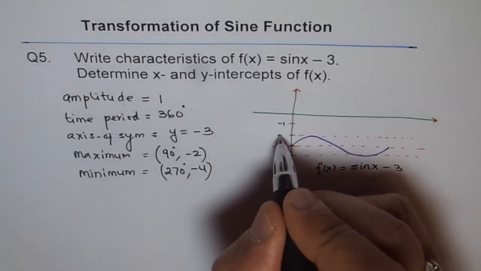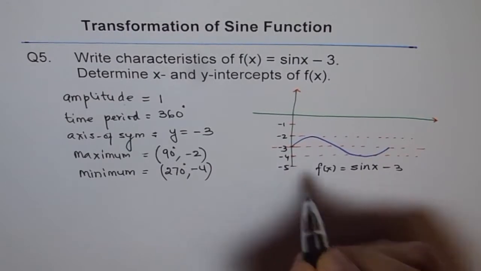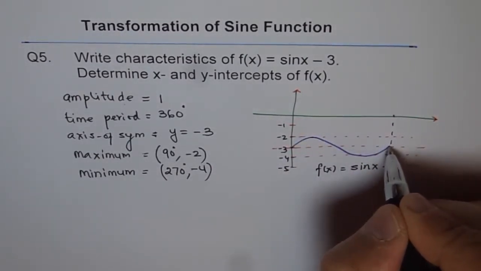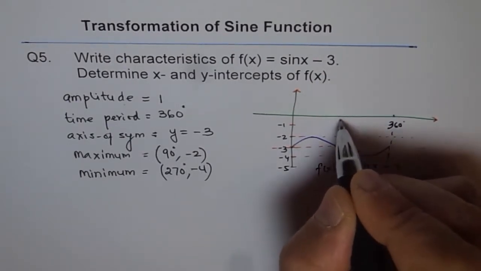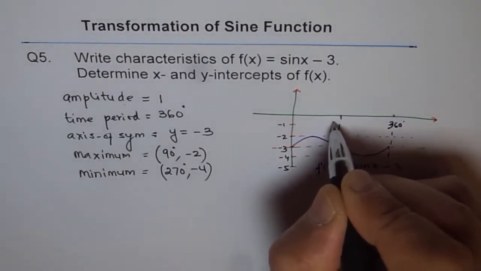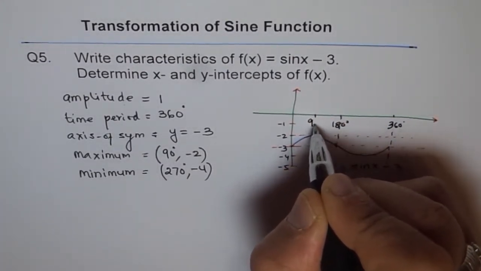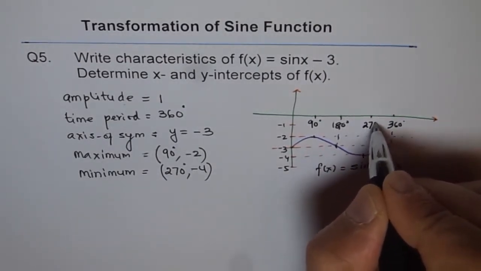So this is minus 1, minus 2, minus 3, minus 4, minus 5. And as you can see, the time period remains same, right? So that is 360 degrees for us, correct? And this is 180 degrees, correct? And that is the maximum at 90 degrees, and this is the minimum at 270 degrees.